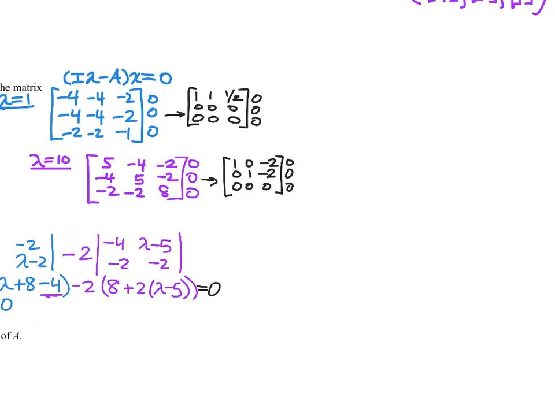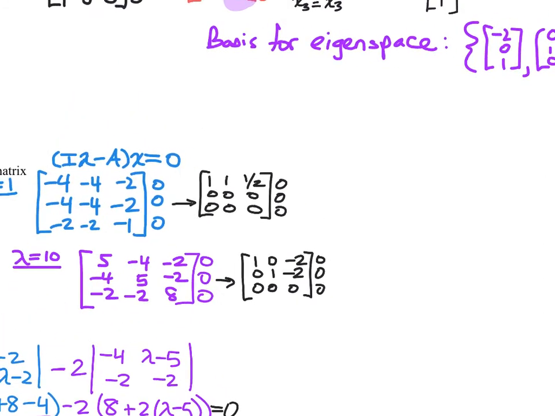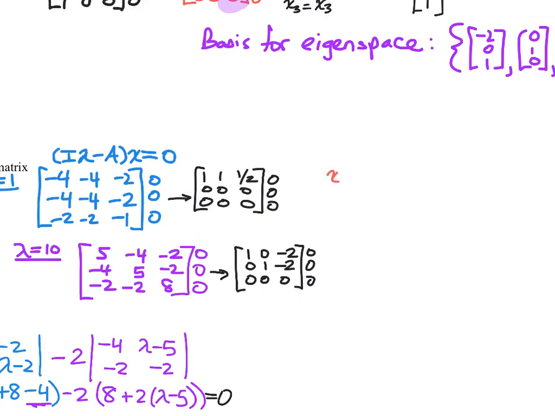So now we're in good shape because we can come up with our eigenvectors. All right, so again, we're solving for vector x, which represents the eigenvectors. So x1 plus x2 minus 1/2 x3 is equal to 0.